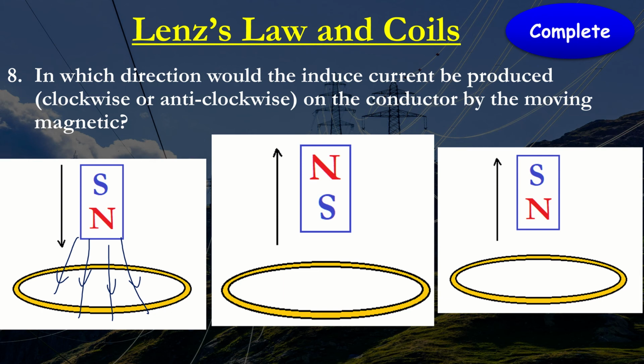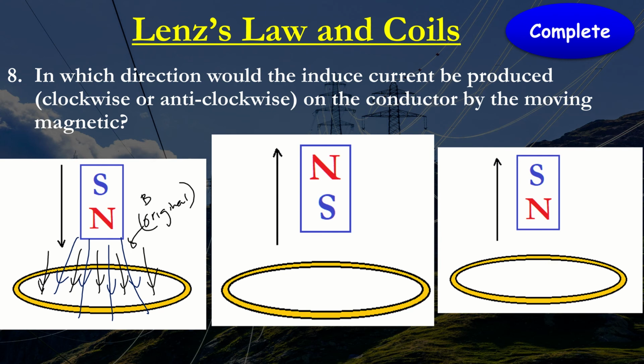As it comes further down, there'll be more exposure of magnetic fields going into the page than out of the page. As the North Pole's coming down, you can imagine that there are more magnetic field lines going into the conductor. That's our original B field motion.